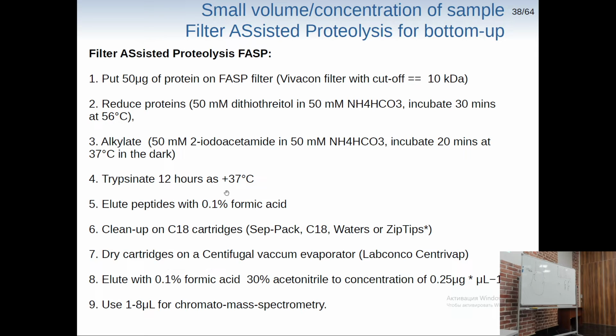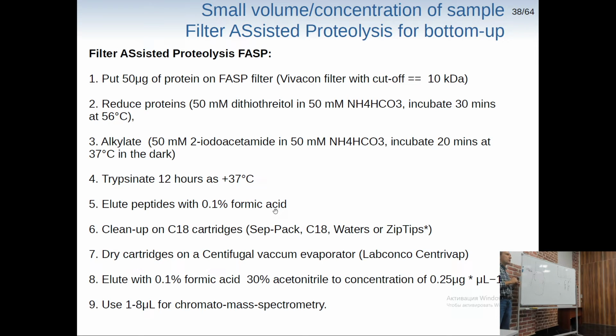You will just add your trypsin here, and then after the trypsinization, you elute your peptides just with formic acid, with just this concentration. And you will have here mostly your peptides and some contaminants, of course. For instance, if you used SDS or anything other to get these proteins from your tissue, you will also have it here.